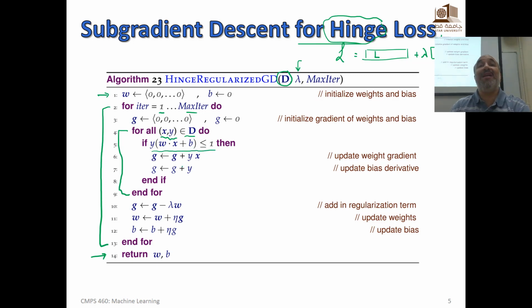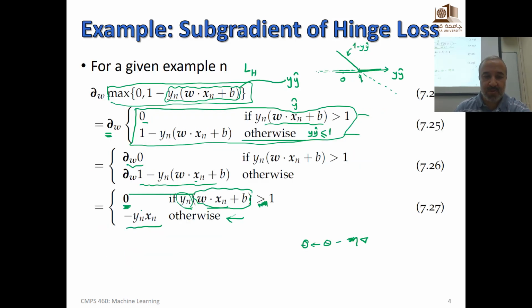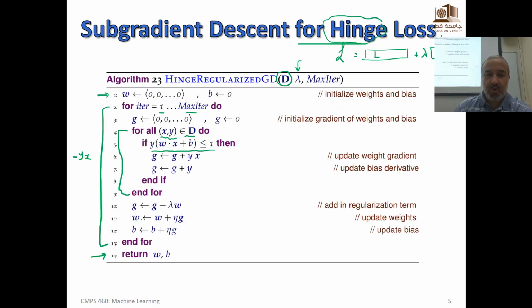Then we will compute the gradient. Okay? Remember the gradient from the previous slide, what was it? It was minus yn xn. What is n here? N is the specific example. Okay? So here it is y x. Okay? Is that clear?